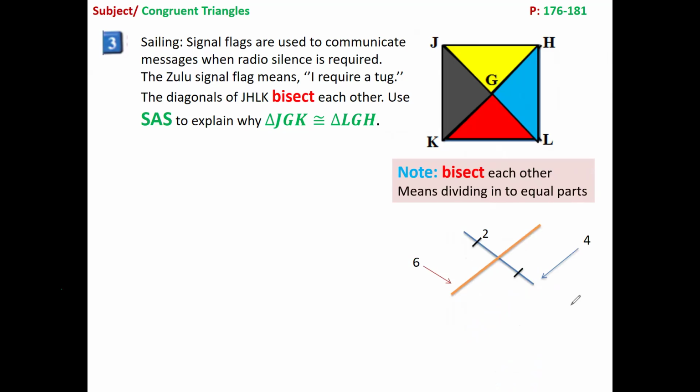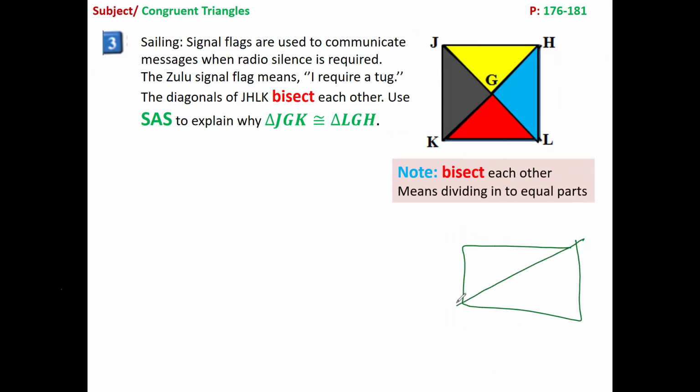Diagonal means, when you have a shape like a triangle, and inside it we have two lines which go from angle to angle, those are called diagonals. So he already gave me a hint. He said the diagonals are bisected.